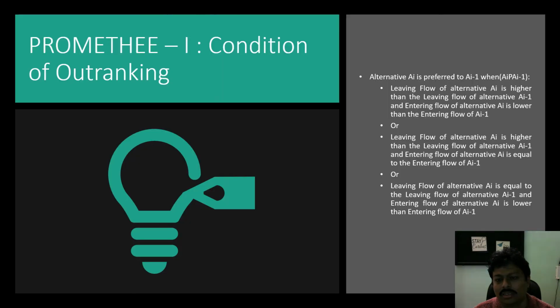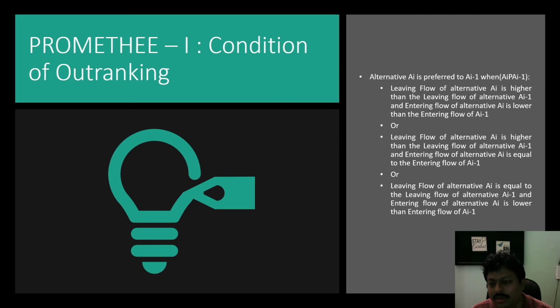So after finding the leaving and entering flow, to select the most preferred alternative, we have to follow some conditions. What are the conditions? The leaving flow of alternative Ai is higher than the leaving flow of alternative Ai minus 1, and the entering flow of alternative Ai is lower than the entering flow of Ai minus 1.